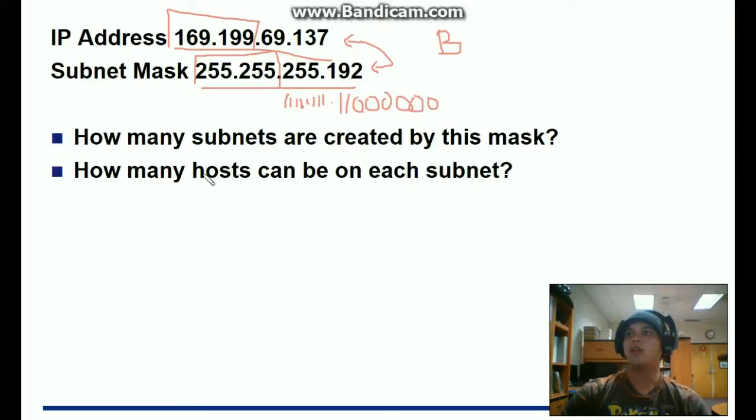Alright, so remember what our formula was to find out how many subnets we have based on a certain amount of networking bits. 2 to the n, which equals 2 to the 8 plus 2 equals 10. So, what does that equal? If you're good with exponents, we already know that that is 1024.